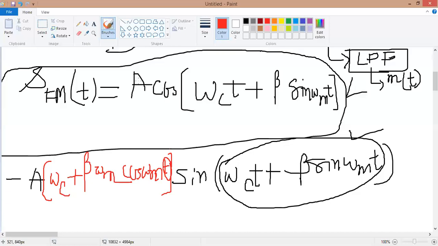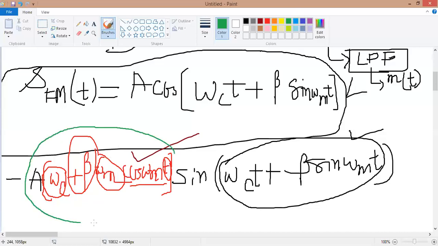This A can be varied because omega_c is constant, beta is also constant, and omega_m is constant. But it is written as cosine omega_m t, which means it can be varied with respect to time. If it varies with respect to time, ultimately everything can be found in terms of amplitude.